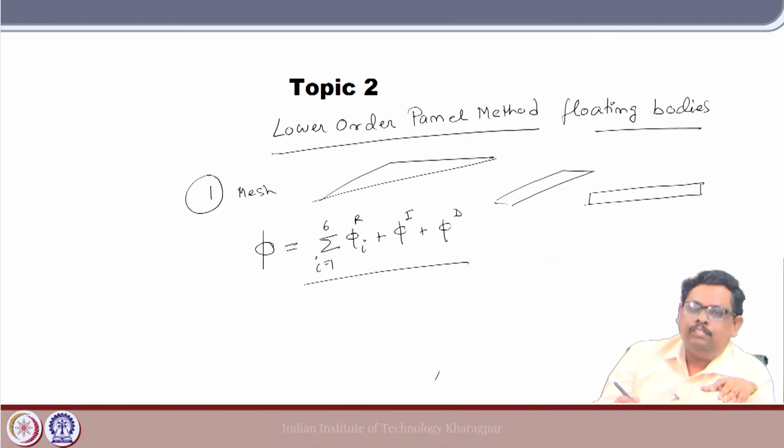For example, R represents the radiation part, I represents the incident wave, and D is the diffraction potential. Therefore, phi is the total potential, and then we understand the linearity.